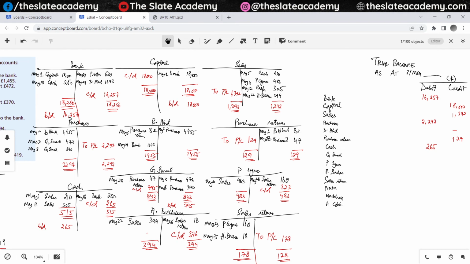Then for G Smart I have carried down over there, so it would appear on the credit side, 795. Peace sign would appear on the debit side, 323. Then H Bachchan, again debit side, 376.